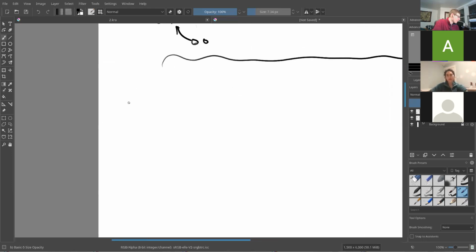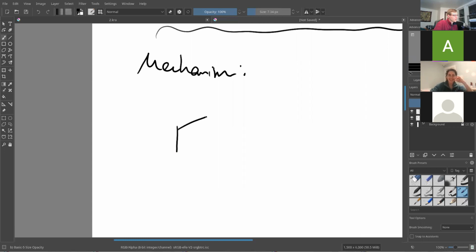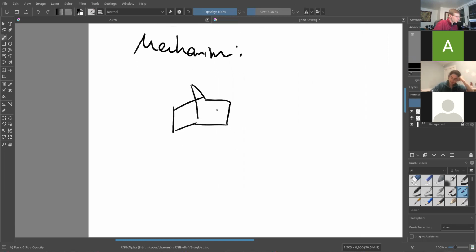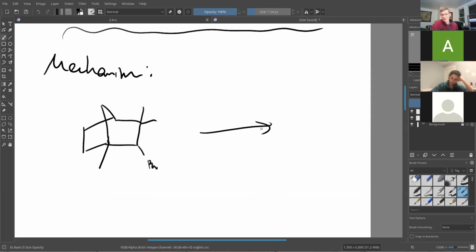So, okay, provide a mechanism for this reaction. So if we're given this structure, and over here it's got these two methyls, here it's got a bromine, it's connected, right? And here it's also got a methyl. You already know it's going to get bad when you see something like this, right?